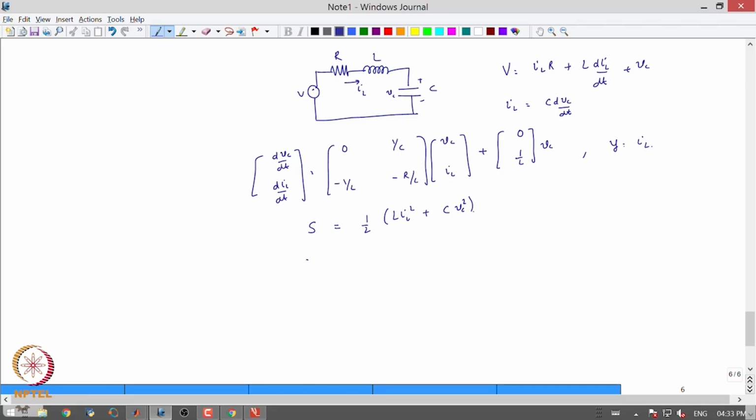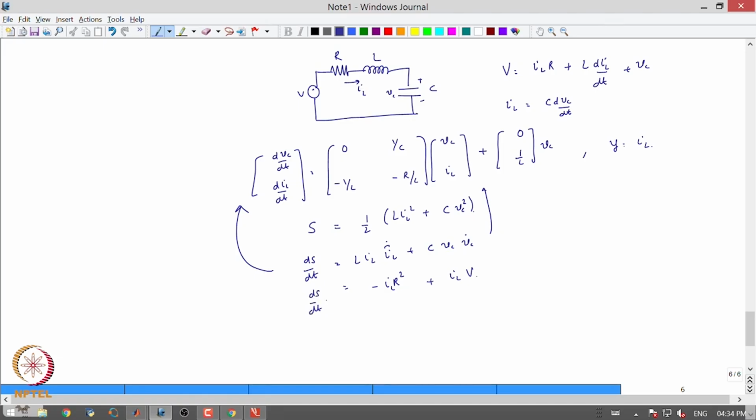If I take dS by dt along this dynamics, this will be L IL IL dot plus C Vc Vc dot, and I substitute for IL dot and Vc dot from here, and what I get is the following: this is minus R IL squared plus IL times the input voltage.